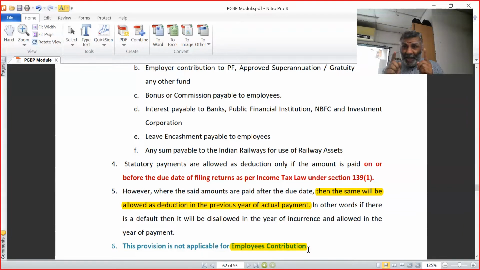The law is very clear that it is your responsibility to pay. If you have not paid within the due date of the respective law, it will be treated as income. Subsequent payment expenditure will not be allowed. On the other hand, employer contribution, my own contribution in the given example, I have to pay within the due date as per income tax law. If I don't pay it, it is disallowed, whereas if I pay later in a subsequent year, it will be allowed.